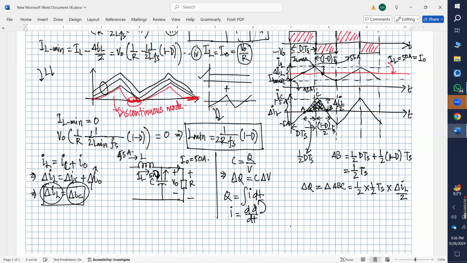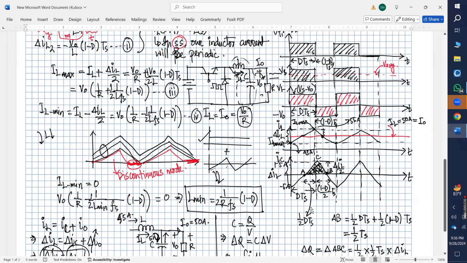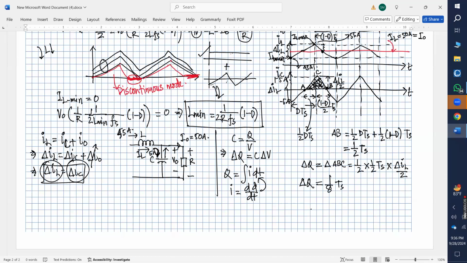Yes, sir. So my del Q should be 1 over 8 multiplied by TS multiplied by del IL. For del IL also, we are considering this negative slope portion because your book considered that one. You can also take the positive half portion. It will give you the same answer.